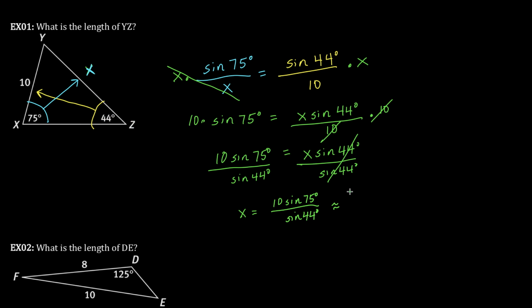Approximately 13.9 units, whatever they are. I guess we should practice writing units if we don't know what they are, because we don't know whether it's 10 inches, 10 meters, 10 whatever.